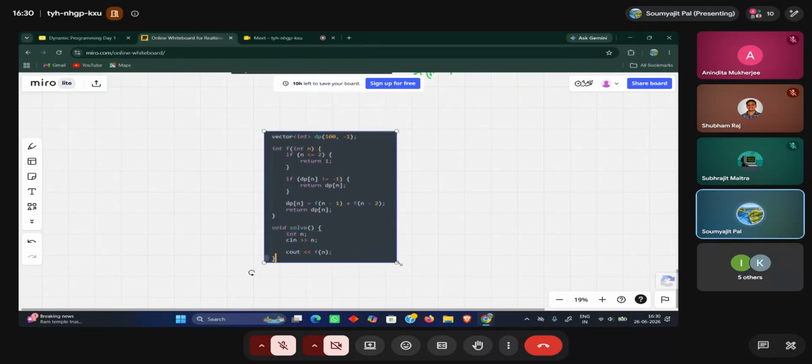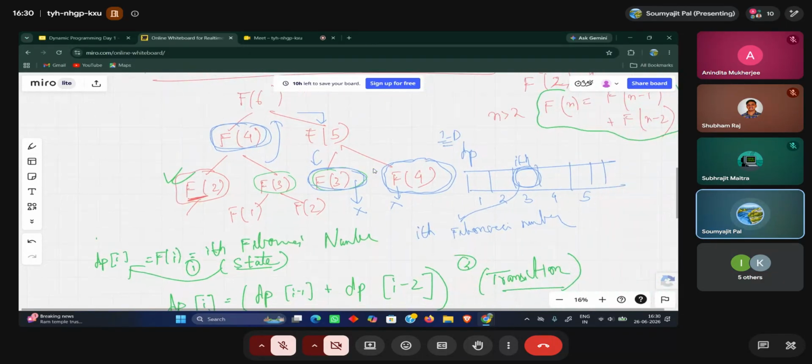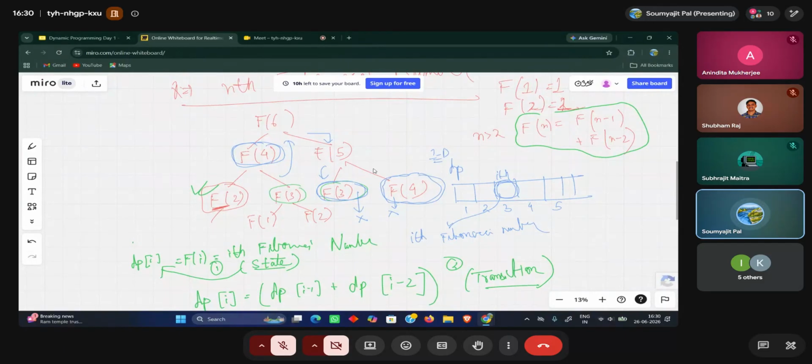First of all, here I'm storing whether a subproblem has been computed or not. So I need some check. This check will tell me whether a particular subproblem Fi has been computed or not.